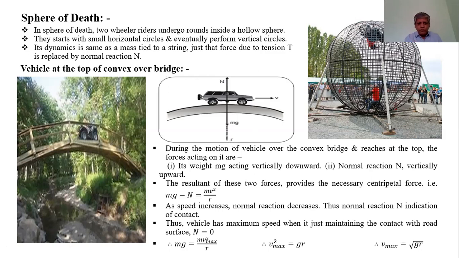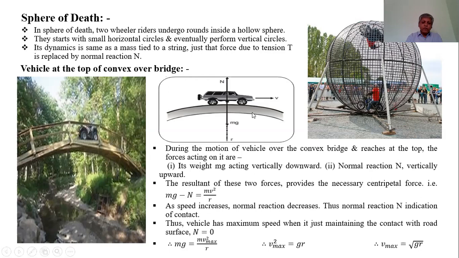If v is the speed of the vehicle at the top point, then mv square upon r is the centripetal force. This is the expression to find the speed required at the top point on the convex bridge.